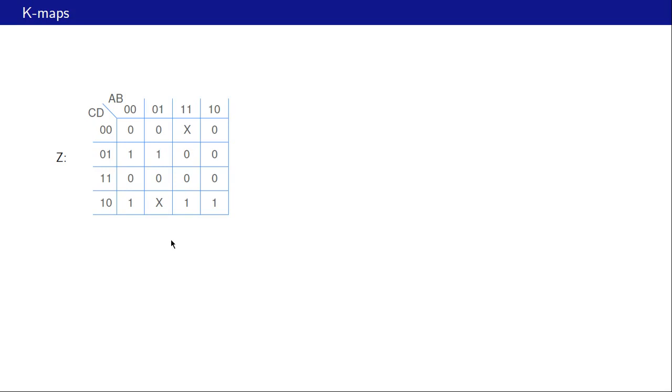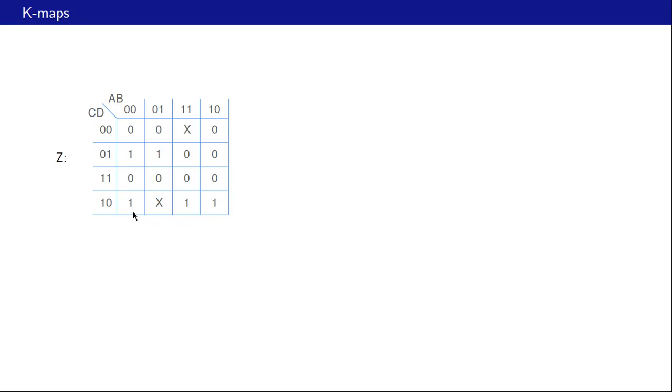Let us see. Suppose we make this x equal to 0 and this x also equal to 0. What do we have then? Then we have this one here, this one here, this one, and this one. We have 5 ones. These 2 ones can be combined with a rectangle. These 2 ones can also be combined with a rectangle.